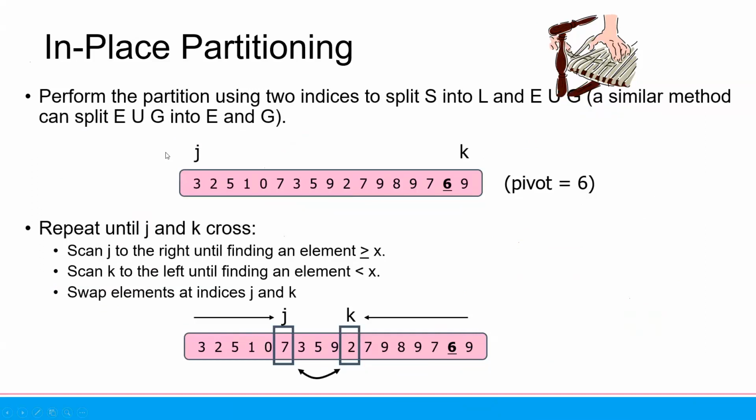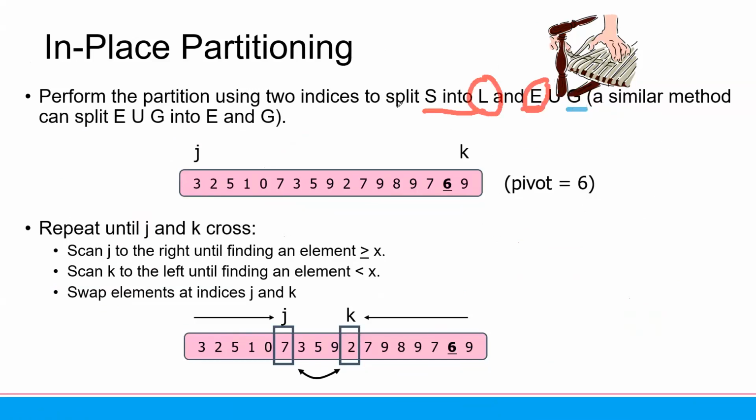The way to do this partitioning is in place. We can perform the partition using two indices to split S into L, E, and G. L is low, E means equal, and G means greater.